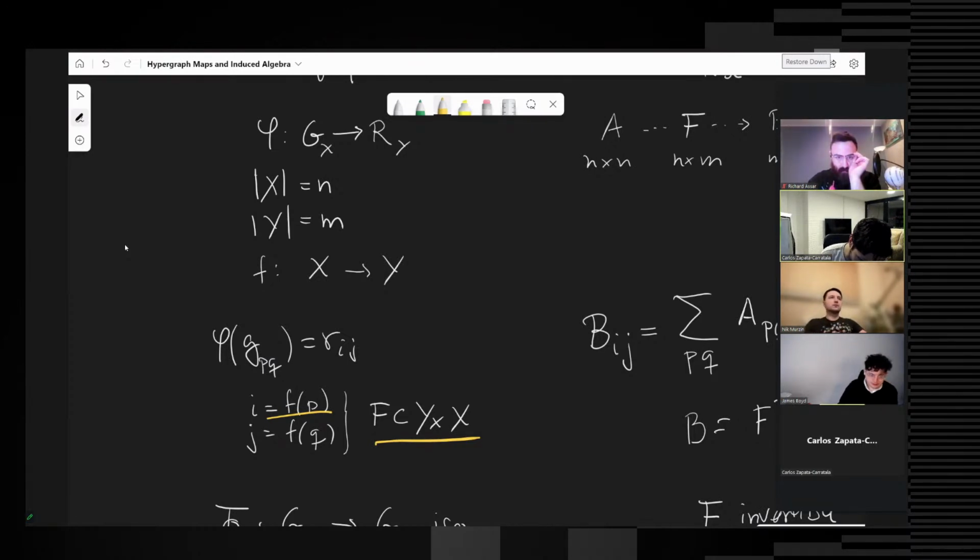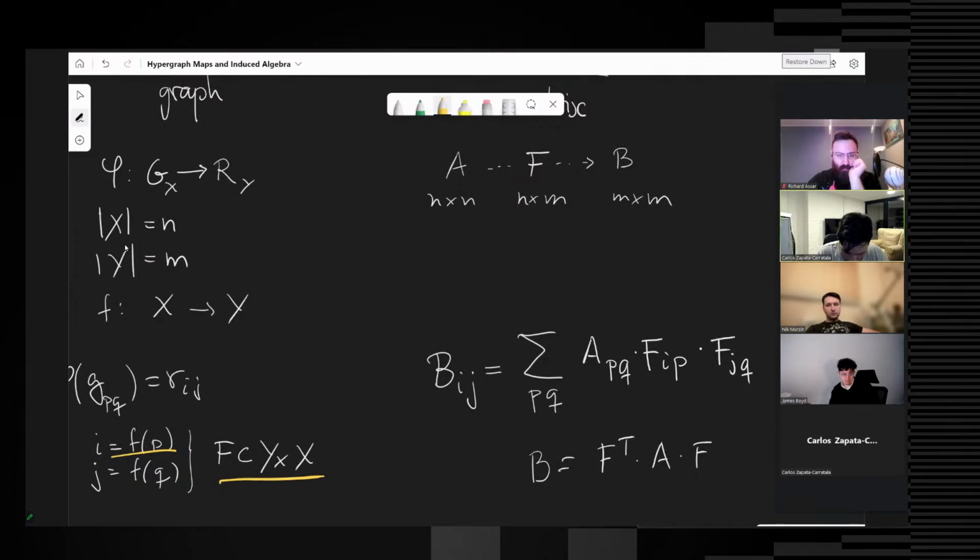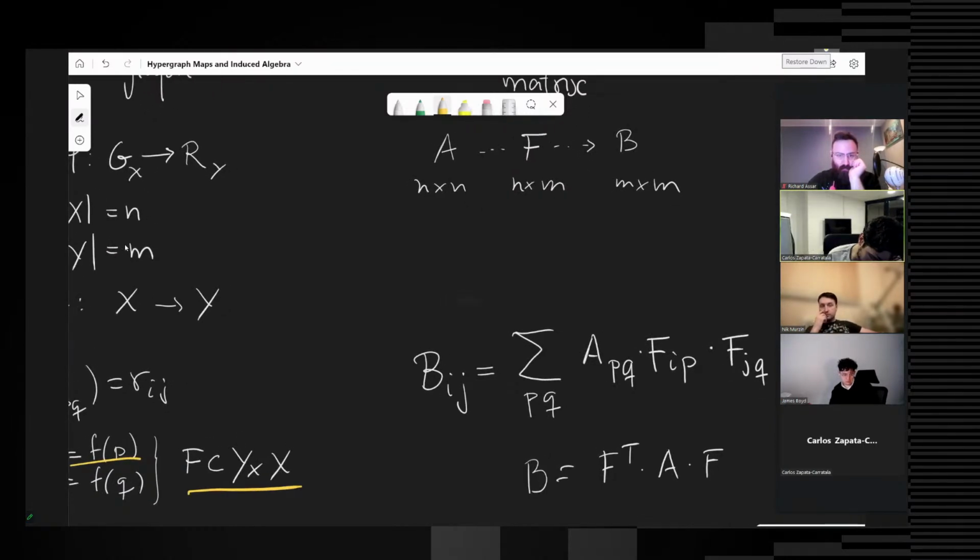So if you were to write a formula, and I guess it's written out here, I'll just talk over it. What you want to say is: the image of this map is going to be a new graph on the same vertex set as the target graph, and B_ij is the question: is there an edge of this new graph between vertices i and j?